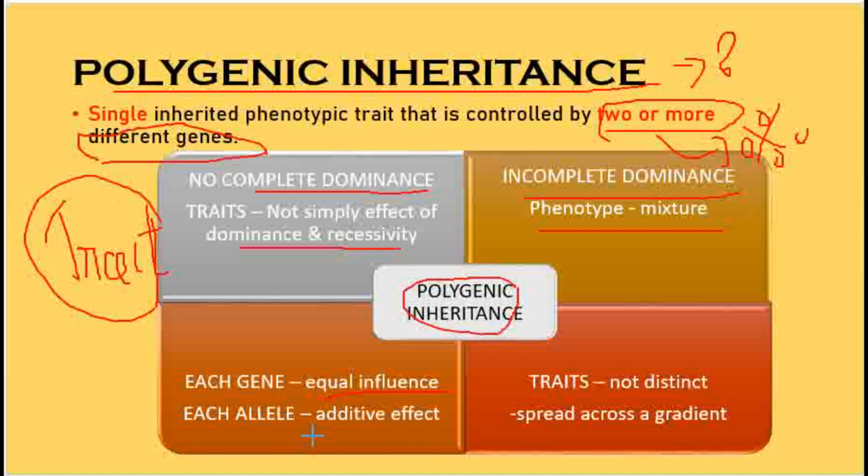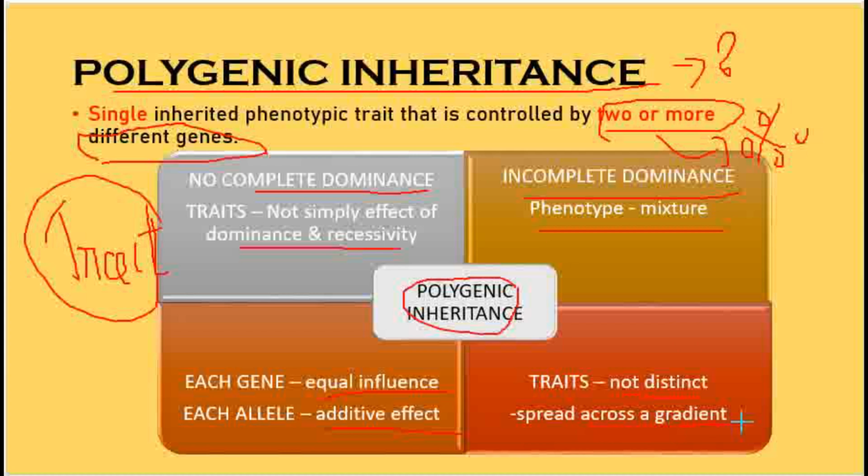And each allele has an additive effect. We saw that two or more different genes are involved in polygenic inheritance, so each allele has an additive effect. All the effects of the alleles will be seen in the phenotype of the individual. Traits are not distinct as in Mendel's experiment, and they are spread across a gradient.